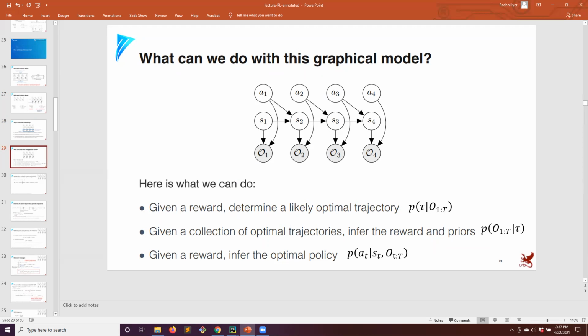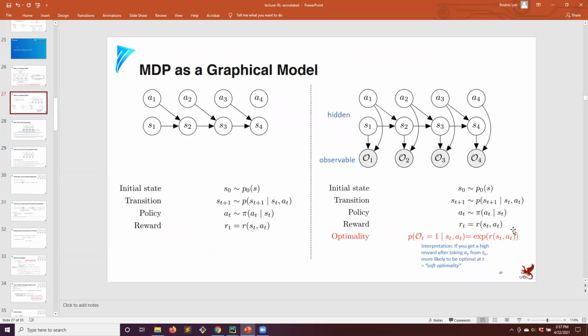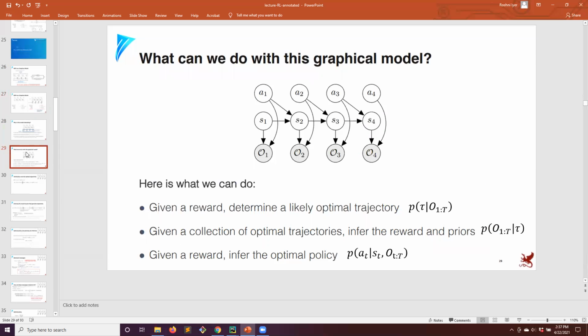Remember these optimality variables, because of the way we define them, have this relationship to the reward, so we can denote it like this. Then also, given a collection of optimal trajectories, can we infer the reward and the priors? And given a reward, can we infer the optimal policy? Which is expressed like this.